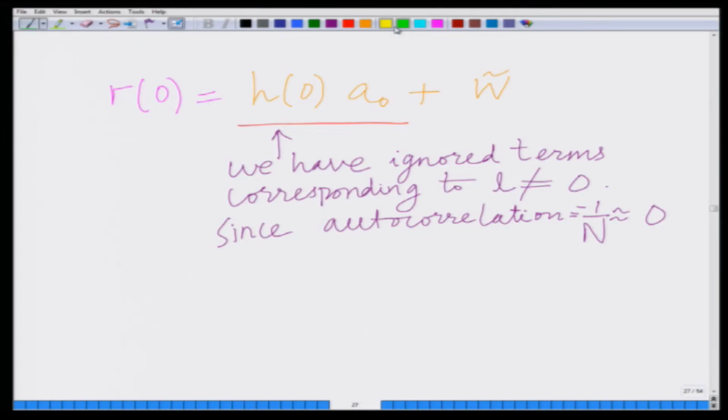Therefore, R of 0, that is correlation with C naught of n, can be expressed as H of 0 times A naught plus W tilde, where W tilde is again Gaussian noise with mean 0, variance sigma square divided by n.